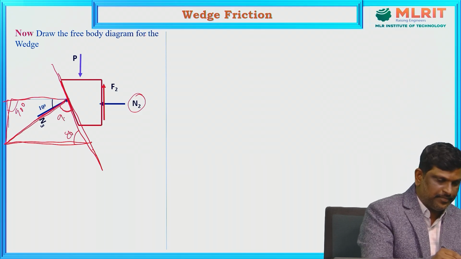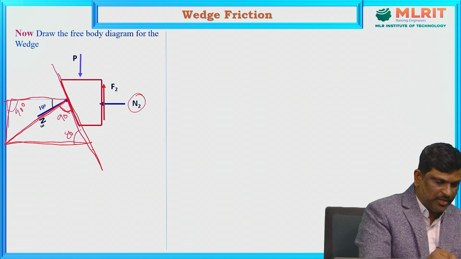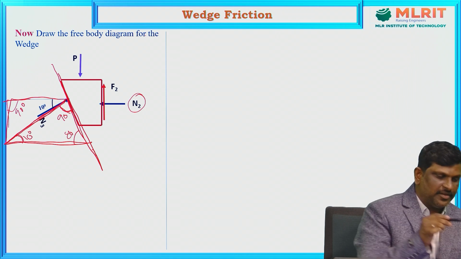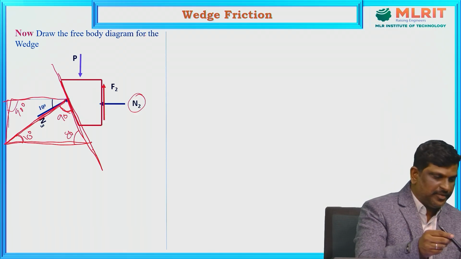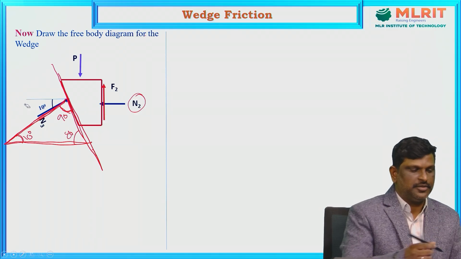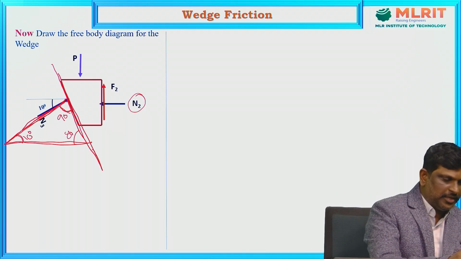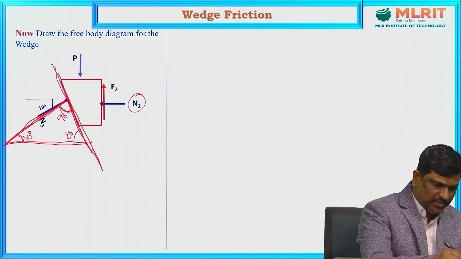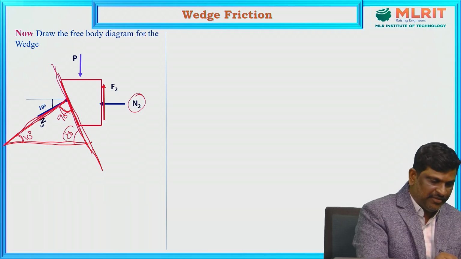The normal reaction is making an angle of 90, so this angle is 10 degrees. Let me not complicate this here. The normal reaction is perpendicular to the contact surface, therefore it is 90, which is already given in the problem.